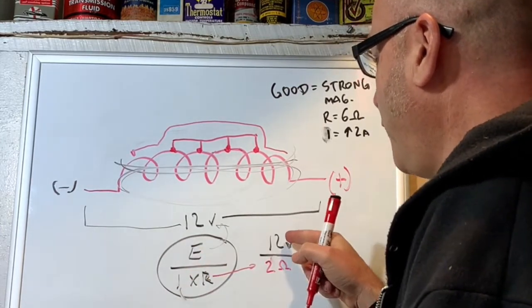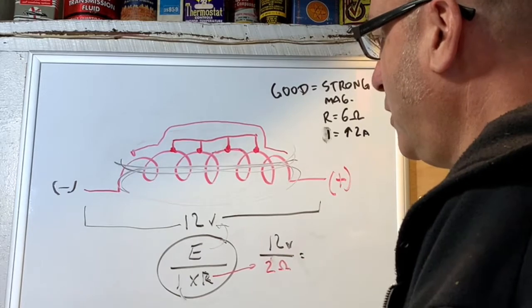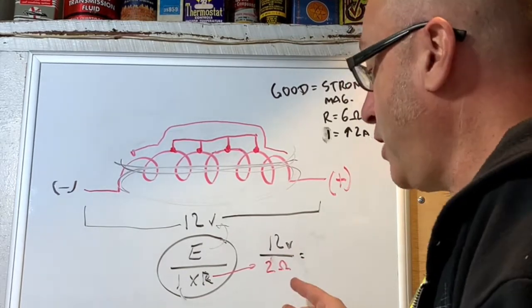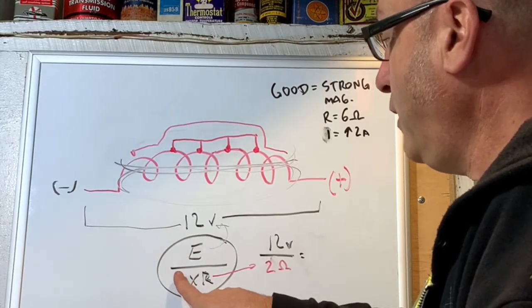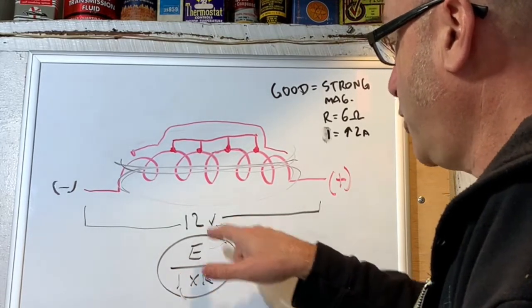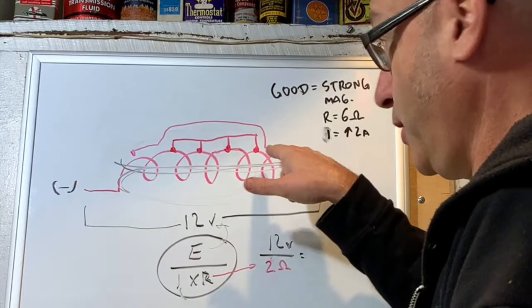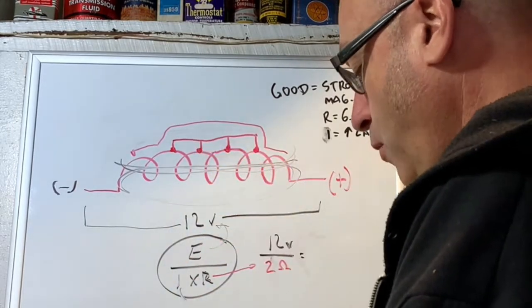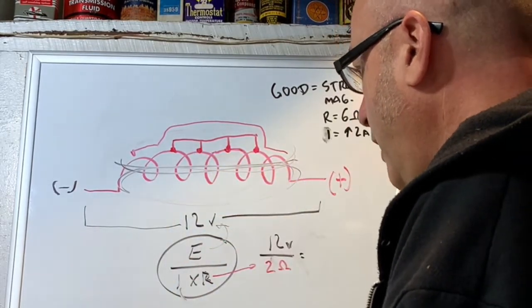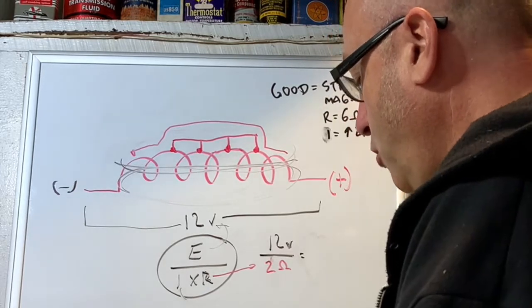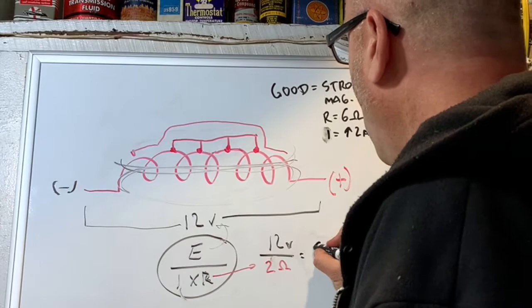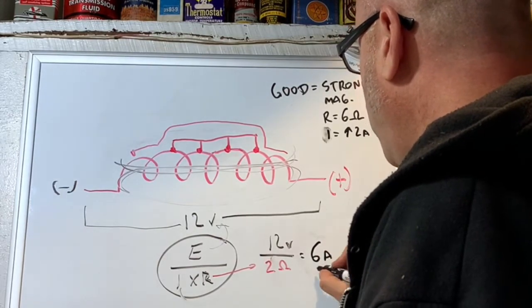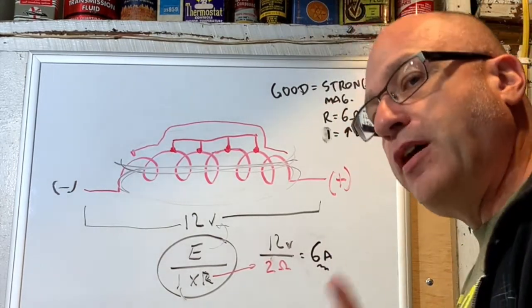Well, now I divide 12 divided by 2. I put my hand over the I, take the 12, which is the voltage, over my lower resistance because of the short. What that comes out to is that now, instead of drawing 2 amps, which was a healthy system, I am drawing more current than I should. I'm drawing 6 amps.